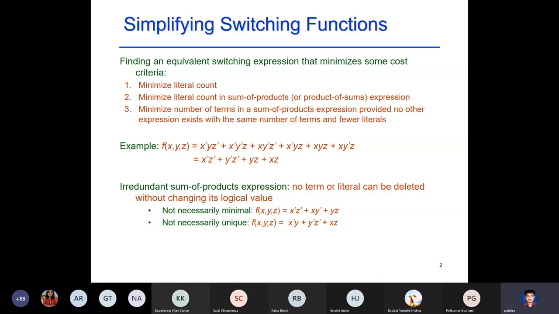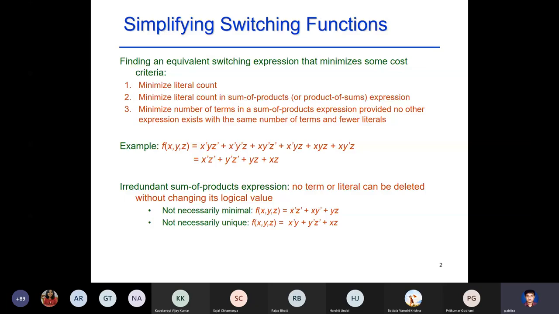Now we will describe two algorithms or methods to convert it into a kind of minimal form, or rather an irredundant form. We'll actually study two canonical forms. First, we'll study the sum of product form.